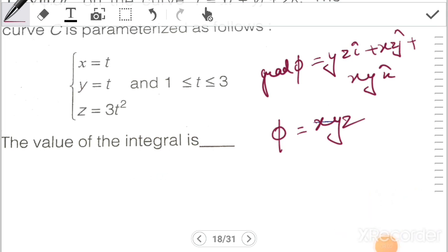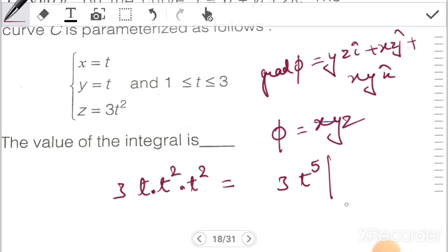Let us put the value of phi, which is t times t squared into 3t squared, which is equal to 3t raised to the power 5, and t varies from 1 to 3.